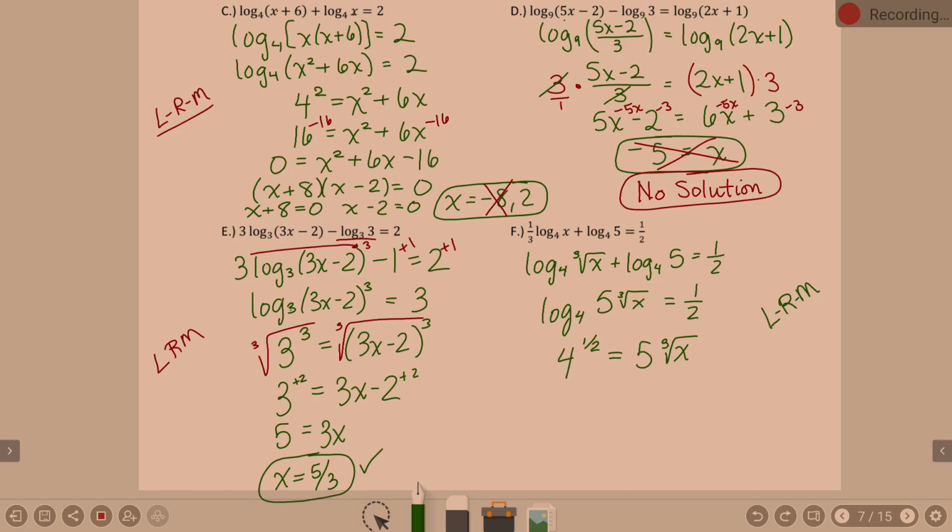What is 4 to the 1/2? It's the square root of 4, and the square root of 4 is 2. So now I have 2 equals 5 times the cube root of x.